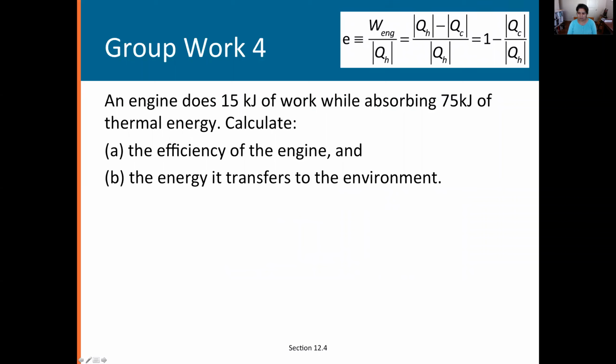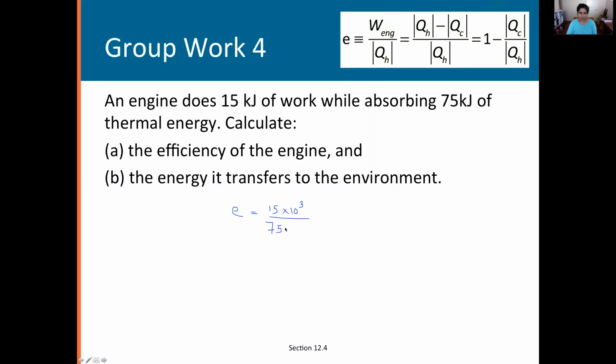So let's do a simple problem based on this expression for efficiency. An engine does 15 kilojoules of work while absorbing 75 kilojoules of thermal energy. Calculate the efficiency of the engine, and you can do part B. So we're just going to use the formula for efficiency. It's the work done. How much is the work? It's 15 kilojoules, divided by the energy taken in, QH, that is 75 kilojoules.